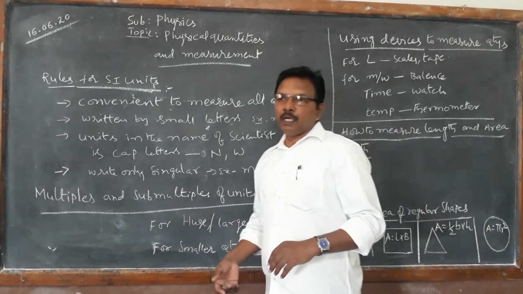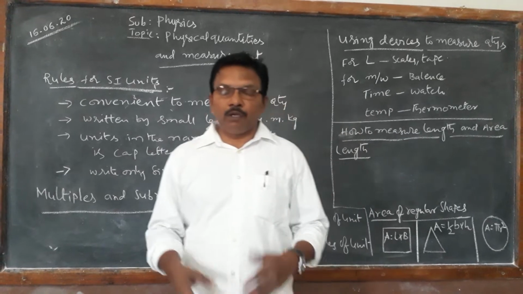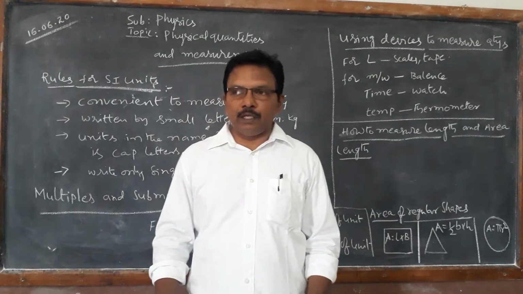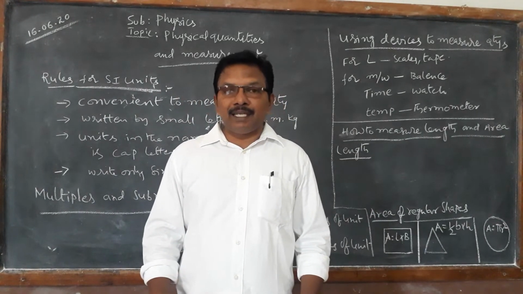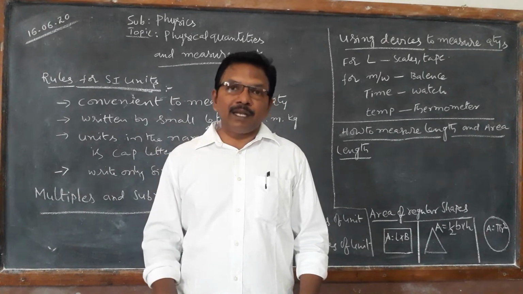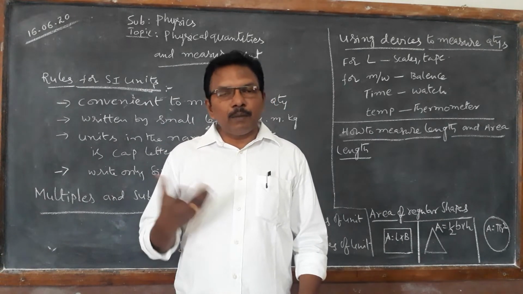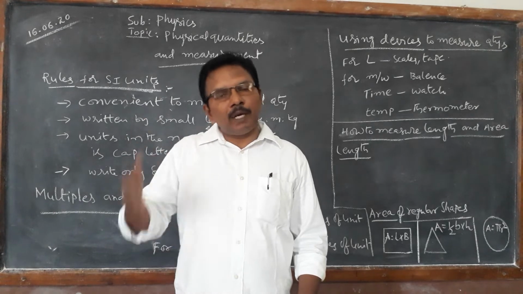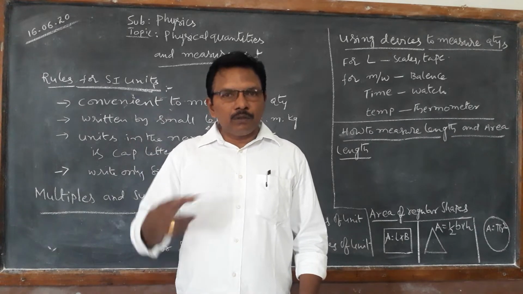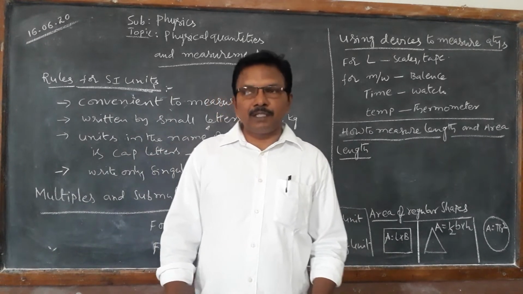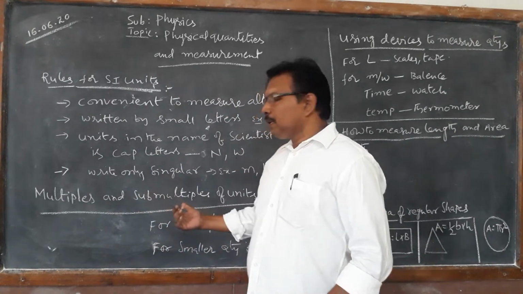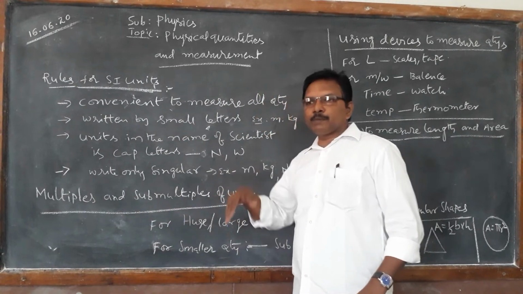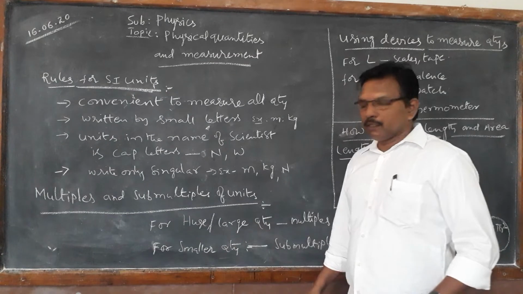For example, a quintal is a huge quantity. That is 100 times kg, 100 kgs. So we are multiplying the kg, 100 times. In such a way, we multiply the units to express huge quantities.